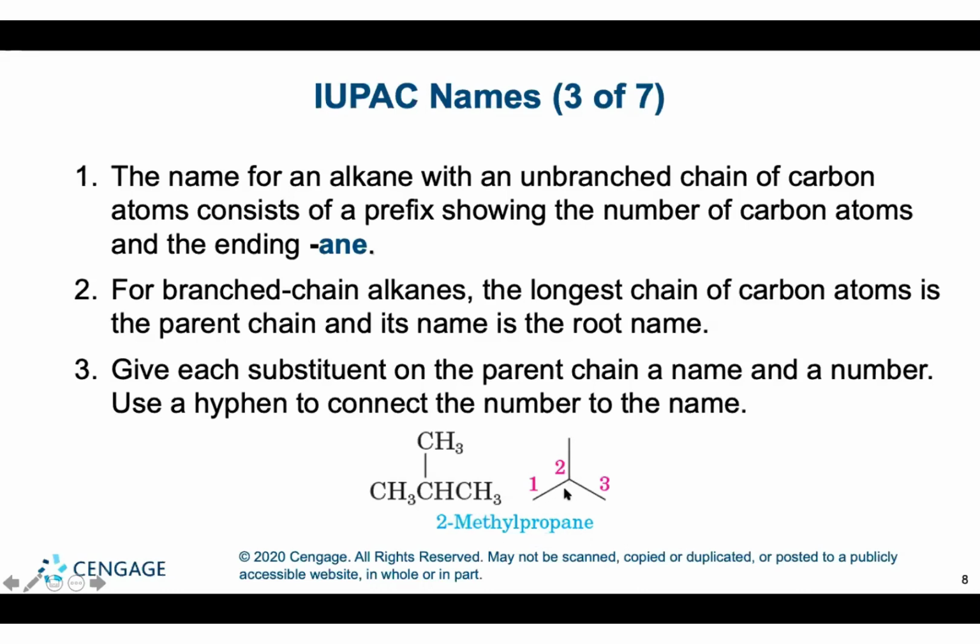Then I know on carbon 2 I have a methyl group, right? Alkyl methyl group. I emphasize it: on carbon 2 there is a methyl group. So you should emphasize the carbon that has a branch or substituent out of it. So it's gonna be 2-methylpropane.